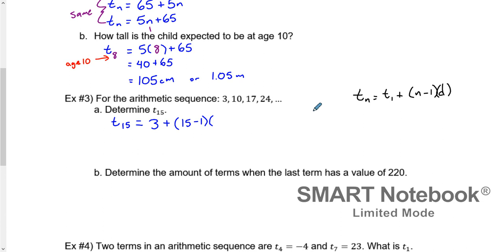So I'm just going to do that as a kind of side note. What's term 2 subtracting term 1? That is finding what our difference is, or our change in our terms. In this case, 10 subtract 3 is 7.